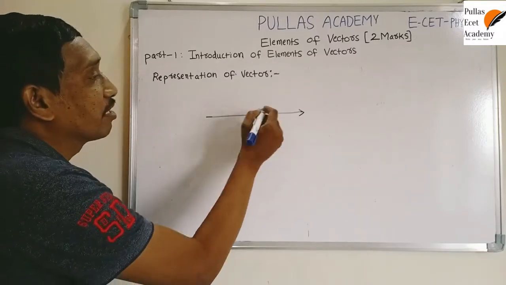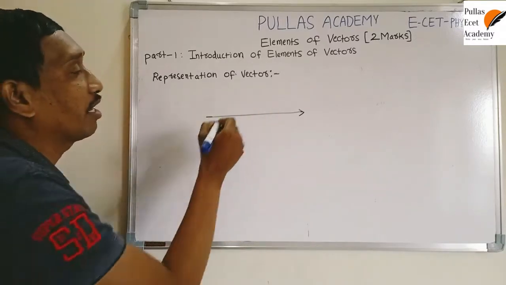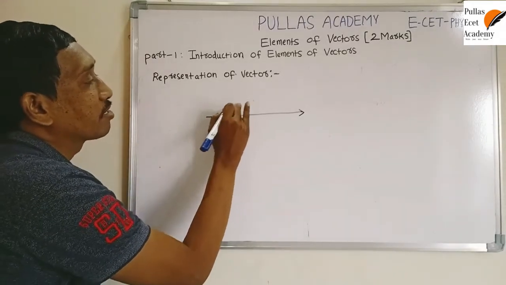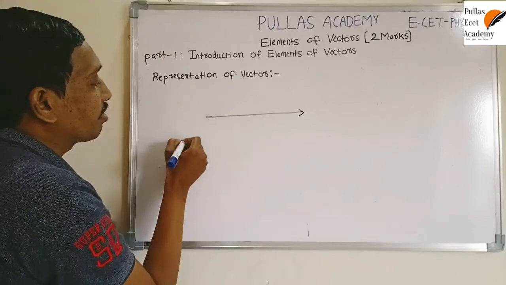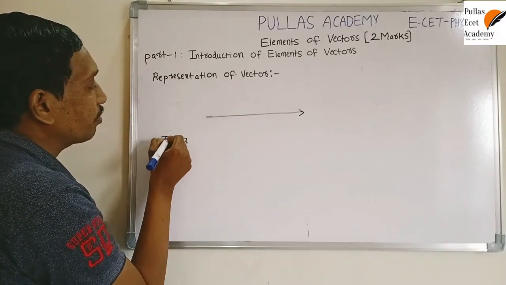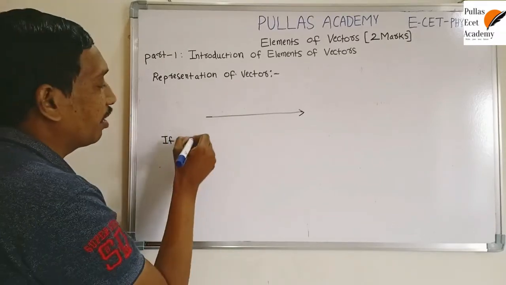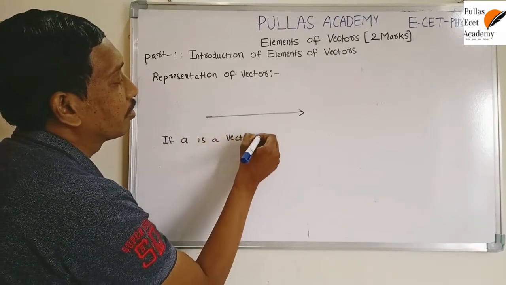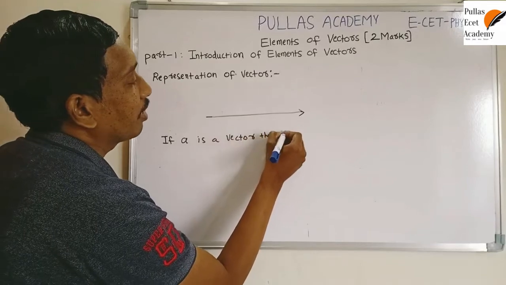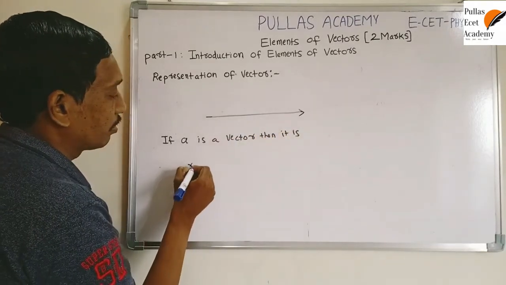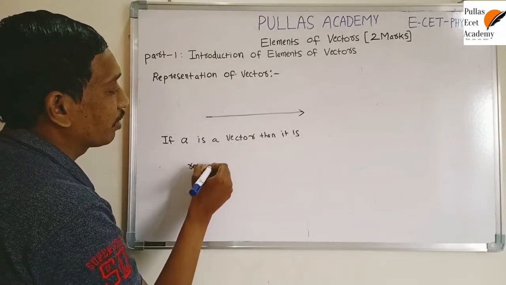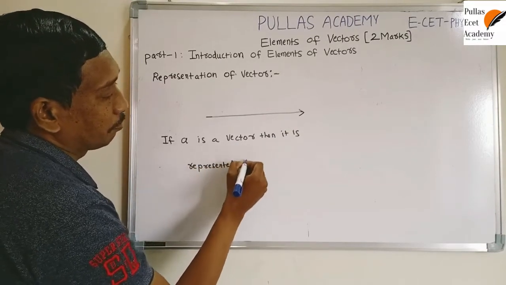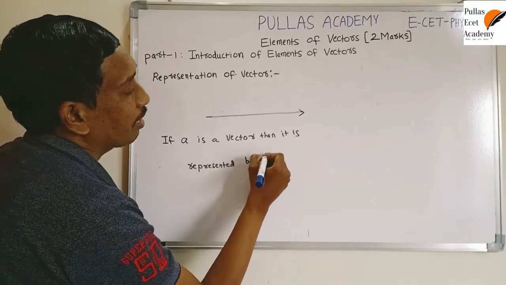For example, this is one vector, a bar vector. Suppose a is a vector, then it is represented by a bar.